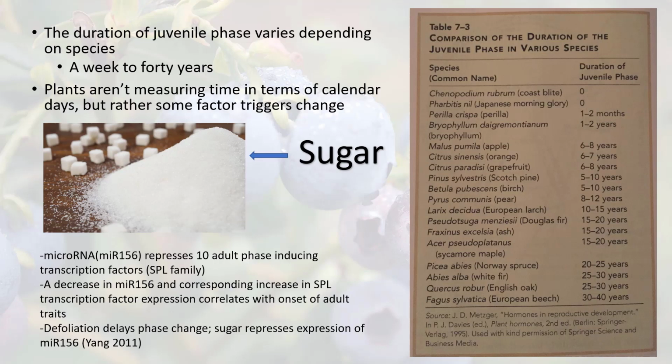But those SPL family transcription factors are kept off by these microRNA transcription factors. And then sugar is going to repress those microRNA transcription factors, right? So essentially decrease them, allowing the SPL family transcription factors to be expressed and thus allowing your plant to transition from juvenile to mature, right? And that sugar, that accumulation, that photosynthesis is one of the triggers for that to occur.